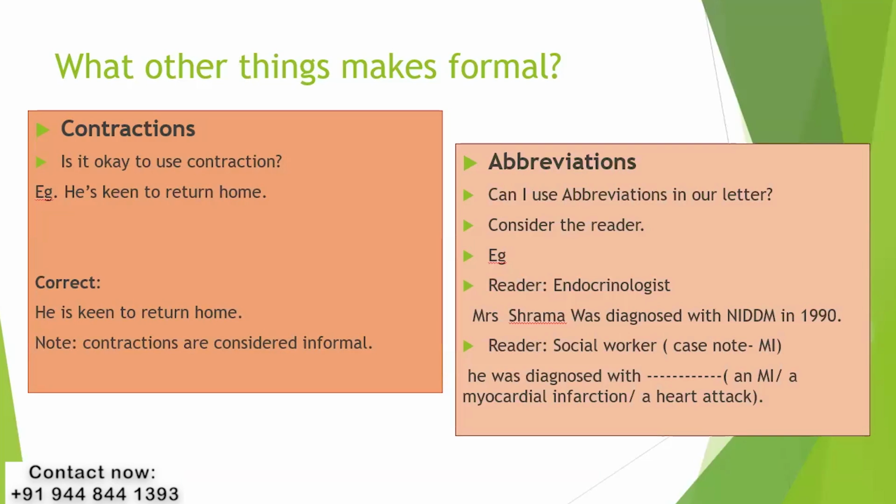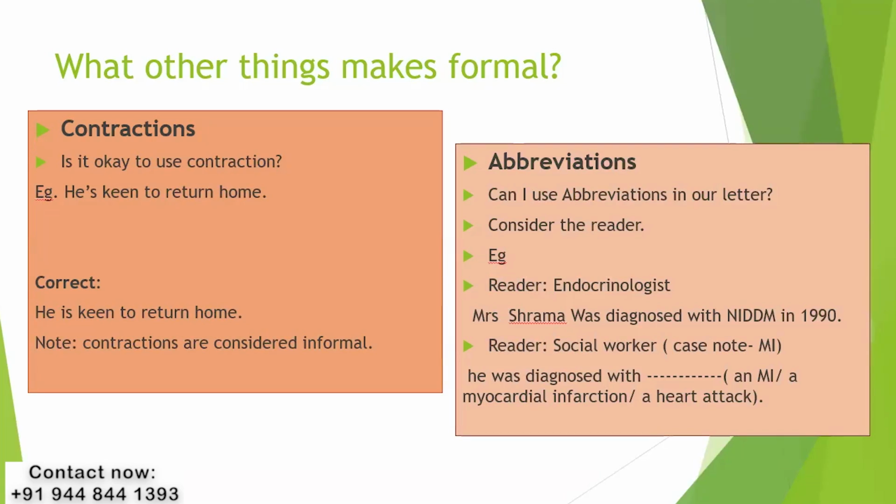So you have to avoid contractions in your letter. You can see the example, he is keen to return home. You have to expand it and write it out to make your letter more formal.